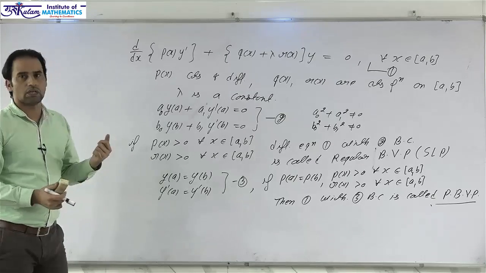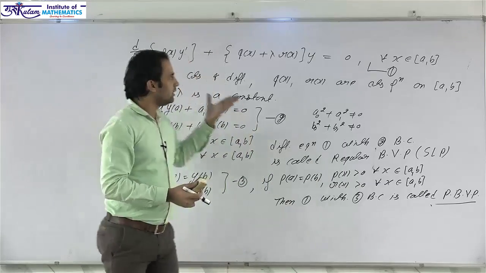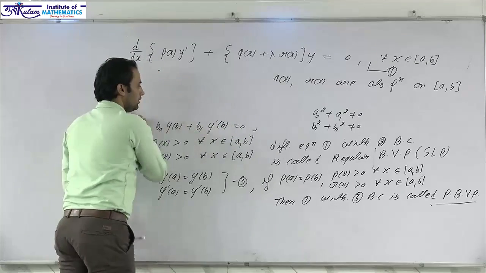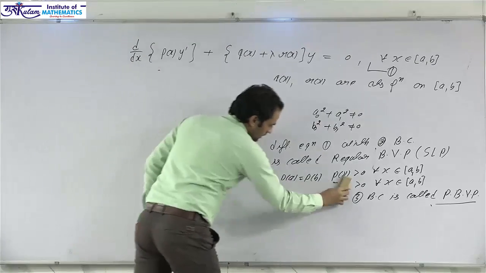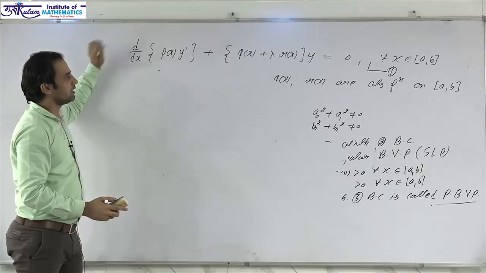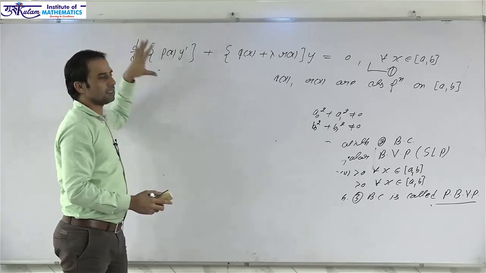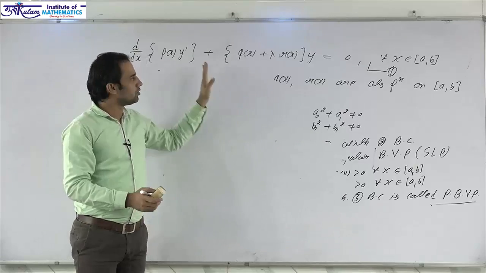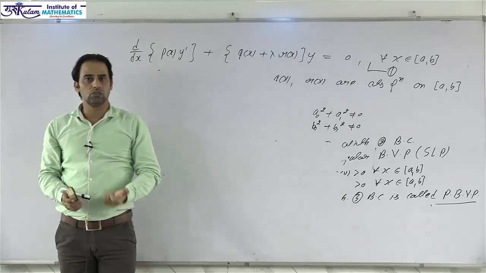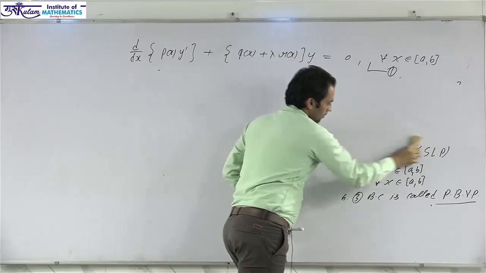Let's further define what the eigenvalues and eigenfunctions are for the boundary value problem. The meaning of eigenvalue or eigenfunction is the value of lambda for which this differential equation has a non-trivial solution, that is, a non-zero solution. Then that lambda is called an eigenvalue, and the corresponding non-zero solution is called an eigenfunction of the boundary value problem.